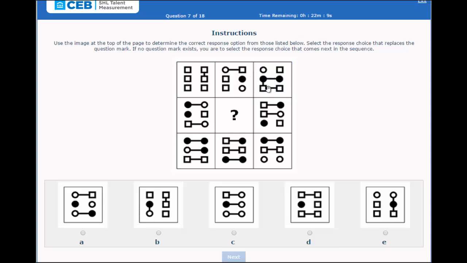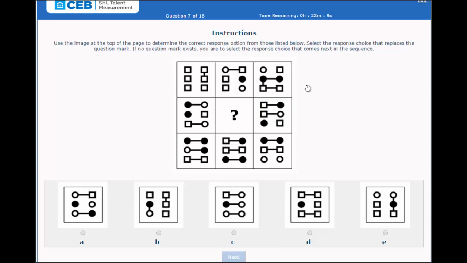Now let's move on to the sequence of the second row. Here again we see two black circles and two horizontal lines. Now the second frame, of course, is the one that we are requested to find. So if we pass onto the third frame of the sequence, we see again two black circles and two horizontal lines.